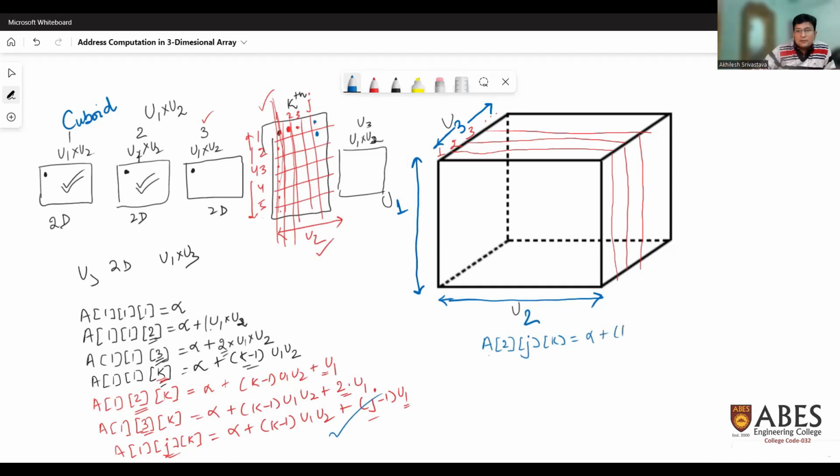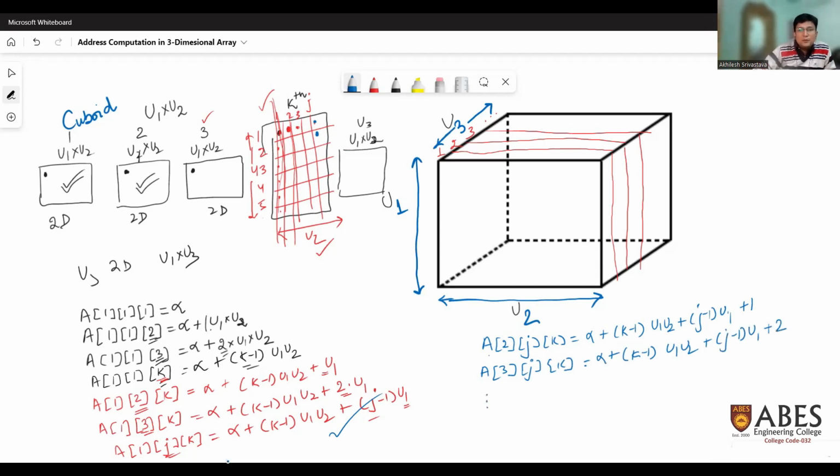So alpha plus k minus 1 u1 u2 plus j minus 1 into u1 plus 1. Similarly, the address of element a, 3, j, k will be equal to alpha plus k minus 1 u1 u2 plus j minus 1 into u1 plus 2, 1 higher than the previous one.